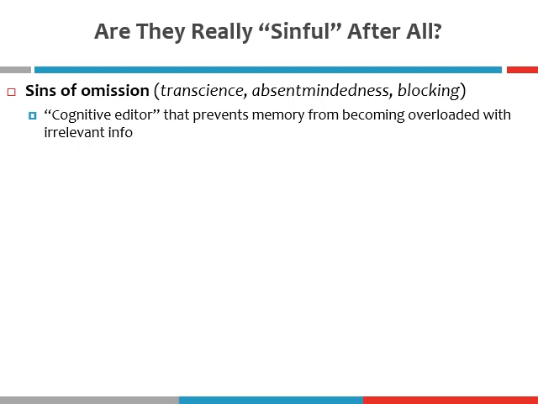All of those cases are examples of keeping your memory current, so to speak, or keeping a memory system that best reflects what is most relevant to you in any given moment. So sins of omission are basically cognitive editors that make sure that you have the most up-to-date relevant information, and only the most up-to-date or relevant information.